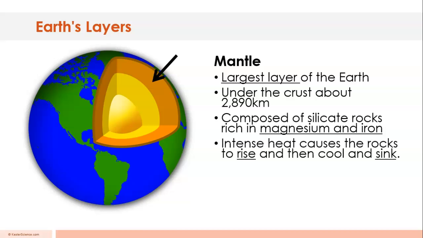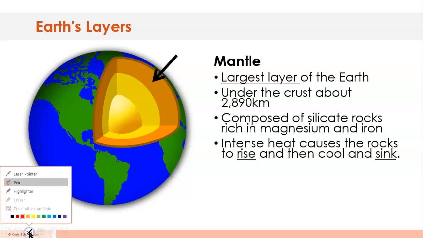There's a lot of heat here, ladies and gentlemen, a lot of heat in this part of the Earth's layers, although not as much as we're going to get to in the next few layers, but certainly more than in the crust. And we know that heat causes things to rise. We kind of saw that in our lab the other day.